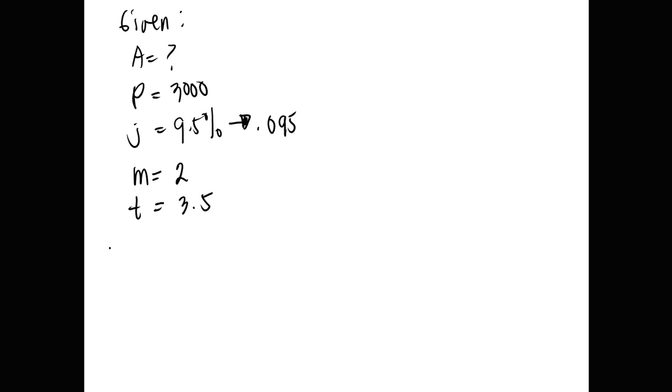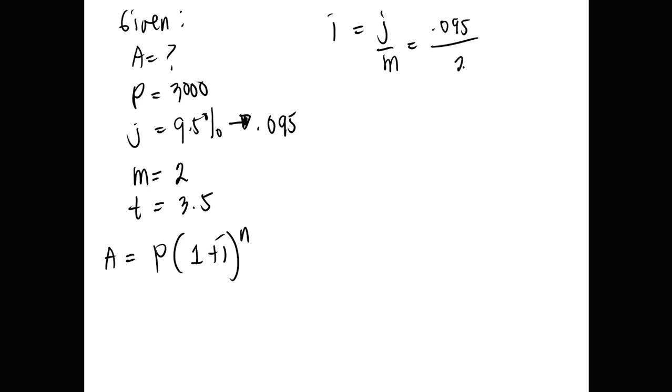Okay? So, write the formula for the future value. We have the principal amount times 1 plus i raised to n. Okay, and then, you need to solve for i and n. So, j divided by m, for i, we have 0.095 divided by 2.